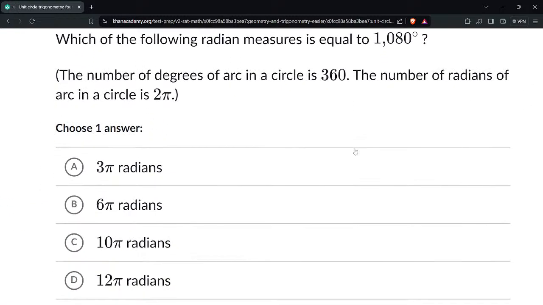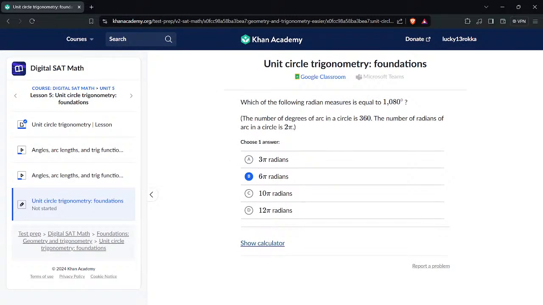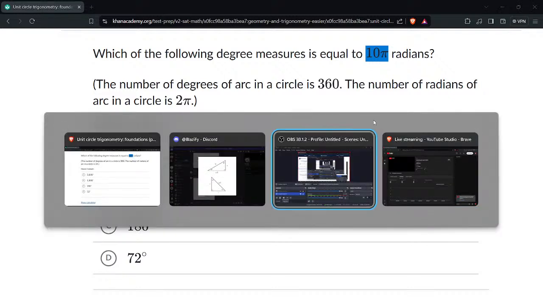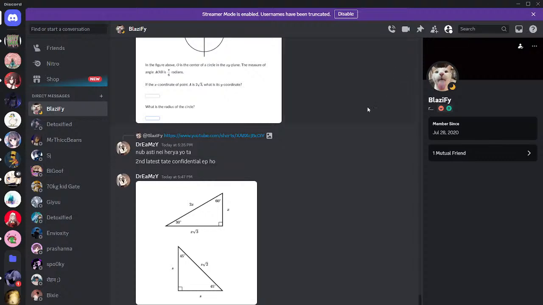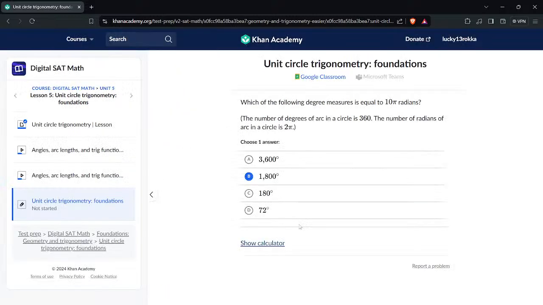The following radian measures is equal to. Wait, we just did. Wait, this is not what I was taught in this lesson at all. We were taught how to identify the special triangles. Never mind. 1800, yes.